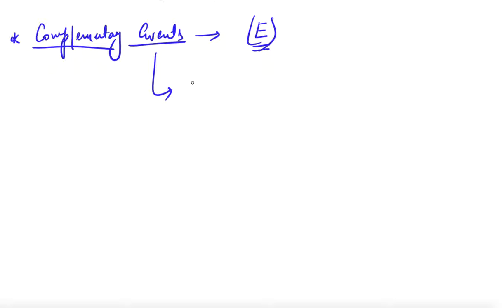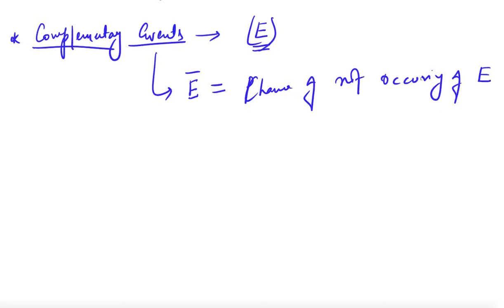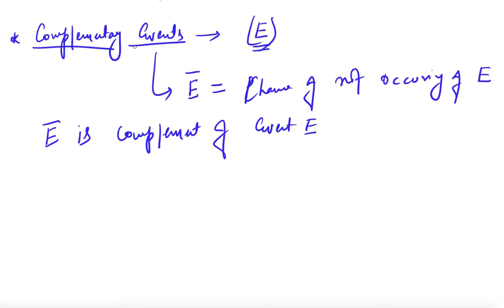Now the event E bar means the chance of not occurring of event E. If this E bar represents the chance of E not occurring, then I will say that E bar is the complement of event E. So basically, complementary events are those in which the event E does not occur. Those events in which the event E is not occurring are called complementary events to event E.